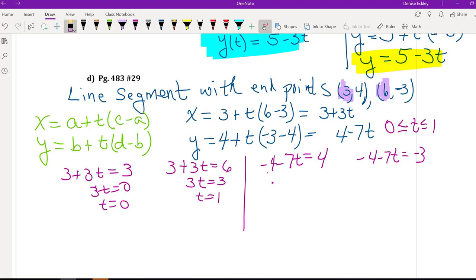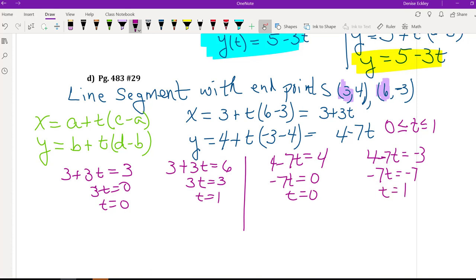I'm sorry, that should be a positive 4. When I do this, I get negative 7t equals 0, so t equals 0. And when I add this way, again, that should be a positive 4, I get negative 7t equals negative 7. So I get t equals 1.